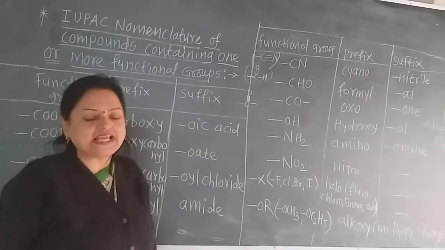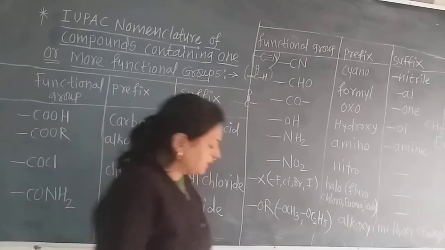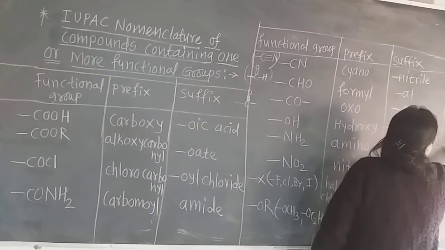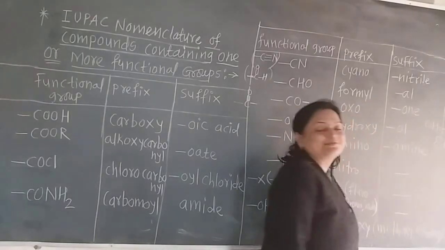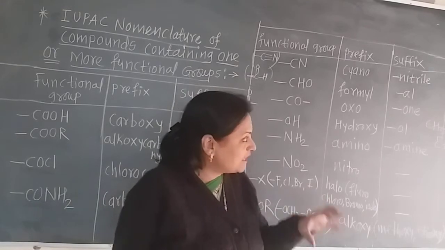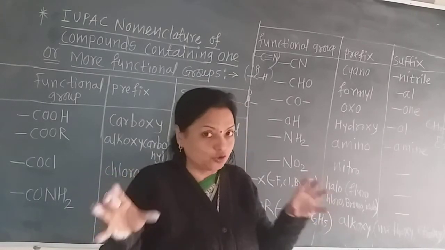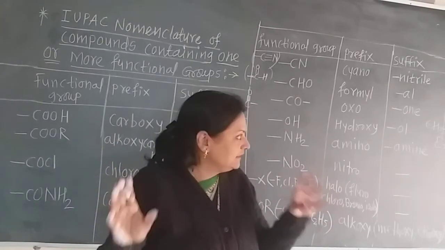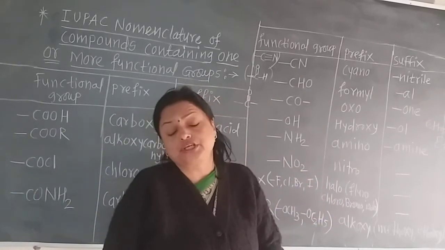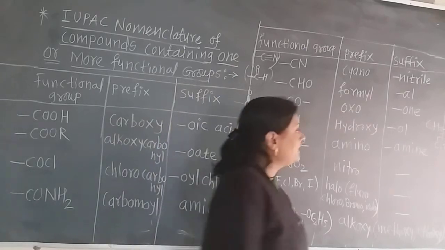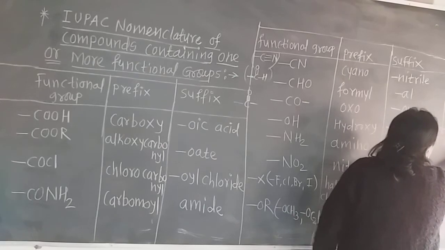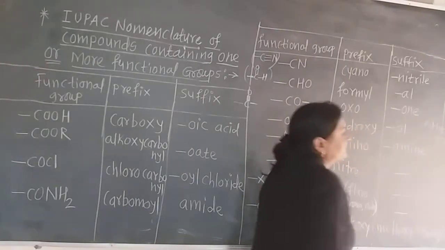We know that there is no 2 carbon atom containing ketone, sorry, because for a ketone we must require 2 different alkyl groups on each side of this carbonyl group. So from 3 carbon atoms the ketone starts, and we give that ketone the name propanone. One is the suffix.